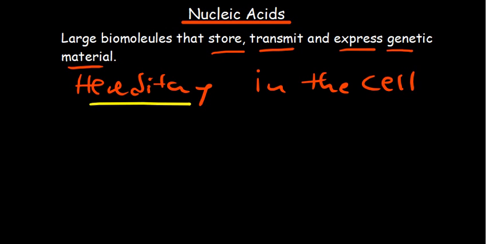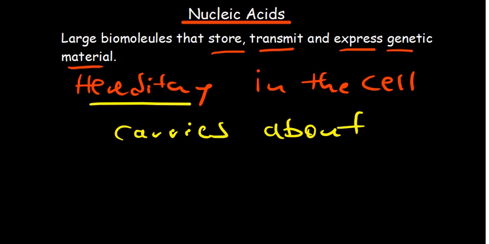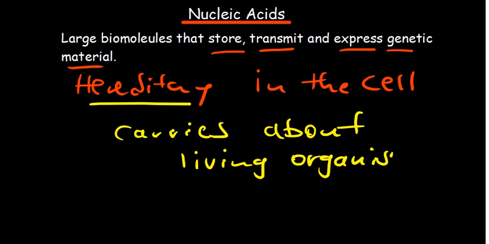It is basically what carries every piece of information about living organisms, meaning the way a human being may look, the way they act, the way their body structure is made up. It is because of this hereditary information that is stored in the cell. And that is what we refer to as genetic material.